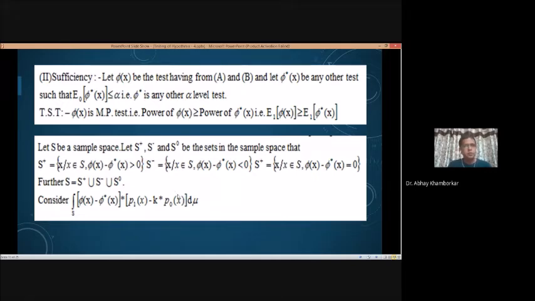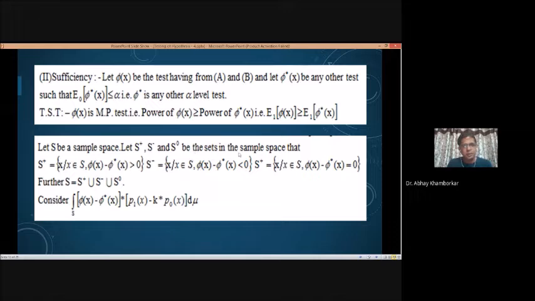Now to prove this particular part, we are going to consider a sample space, that is script X or sample space S. We will divide this S into three subsets denoted by S plus, S minus, S naught, right?